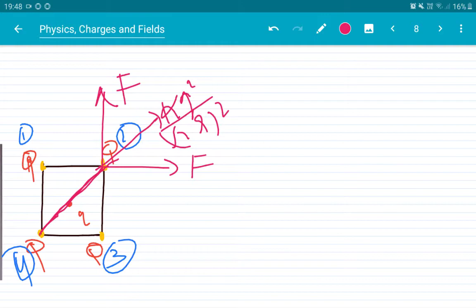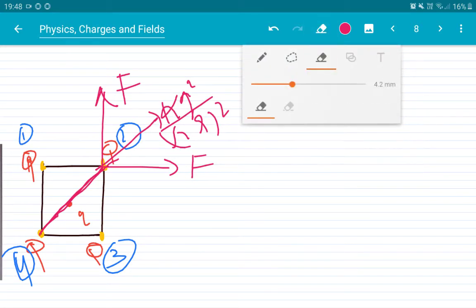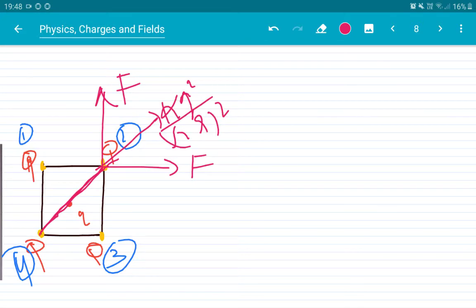Now we can get the net force exerted by all the four charges at the corner. A small mistake I have made. This is not small q, this is capital Q. Let me change it. Okay, right.